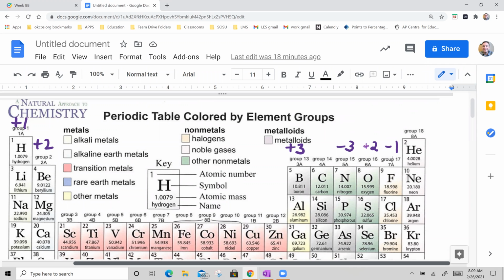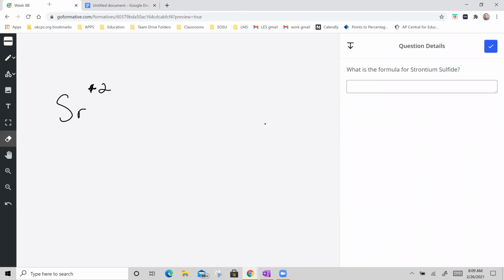Sulfide is sulfur as an ion, a -2 charge. So we have S, and it has a -2 charge. Now, do the sum of the charges equal 0? Sr +2 and -2. When you add those together, does it give you 0?